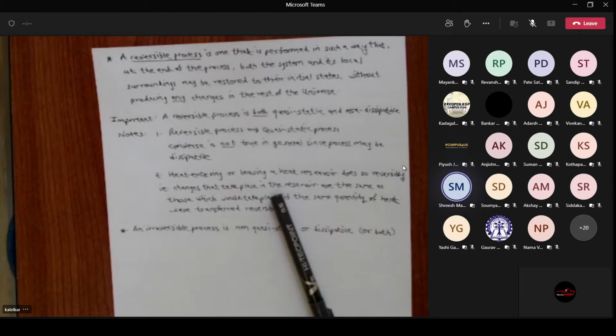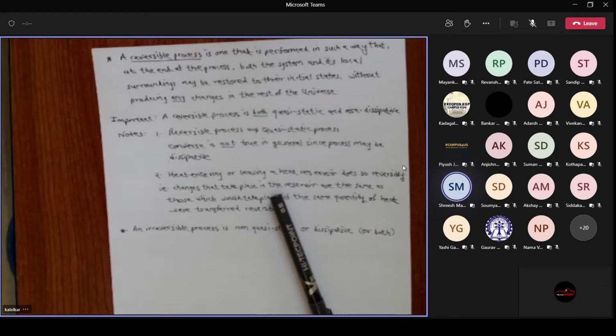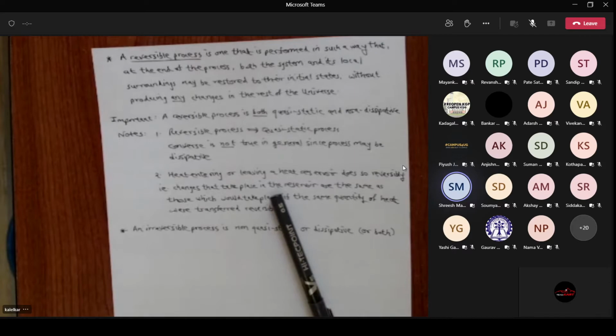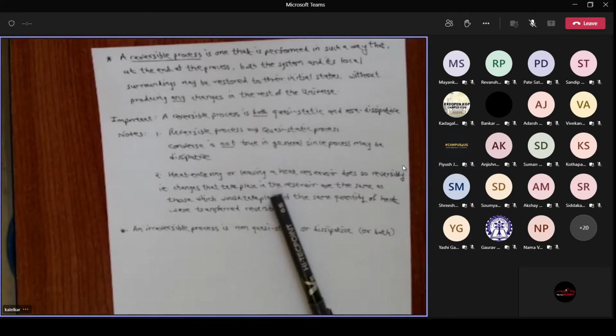So it may not be a thermodynamic process, right? I mean, like melting of wax, it may be a quasi-static process, but not reversible. Firstly, it is certainly a thermodynamic process. Why do you say it's not a thermodynamic process? I mean, not a gas state process. Okay, so what you are saying is a hydrostatic system, right? Yes.